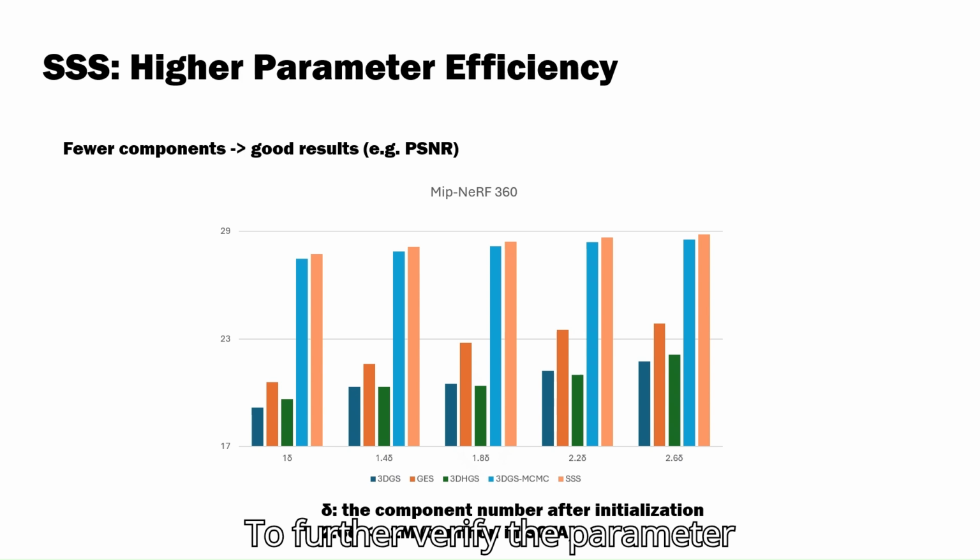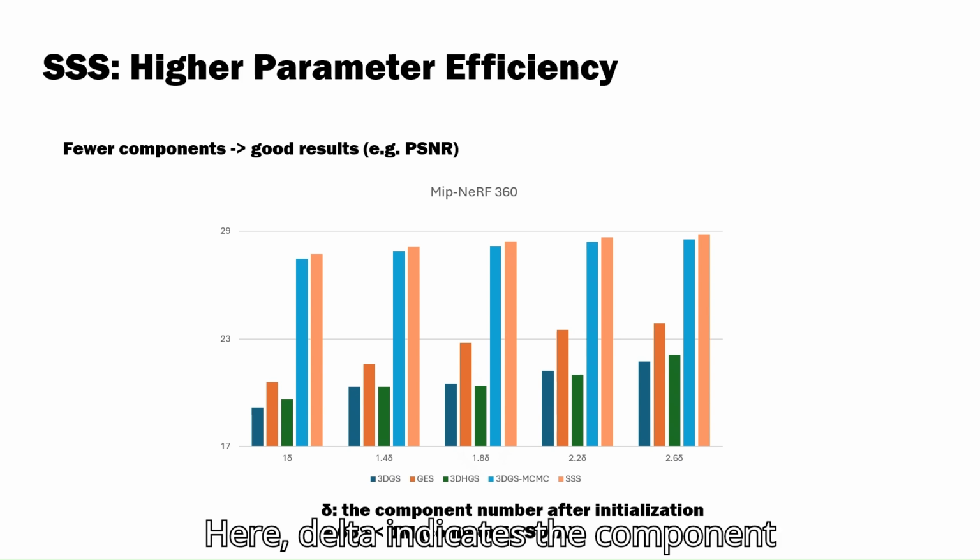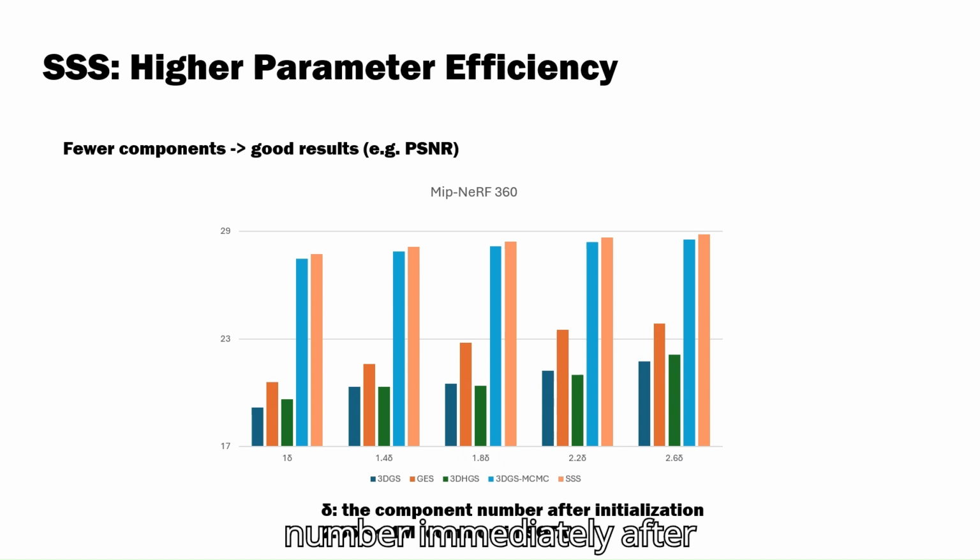To further verify the parameter efficiency, we collected statistics on all datasets. We show PSNR on MipNeRF 360. The vertical axis is the PSNR value. The horizontal axis is the number of components. Here, delta indicates the component number immediately after initialization.